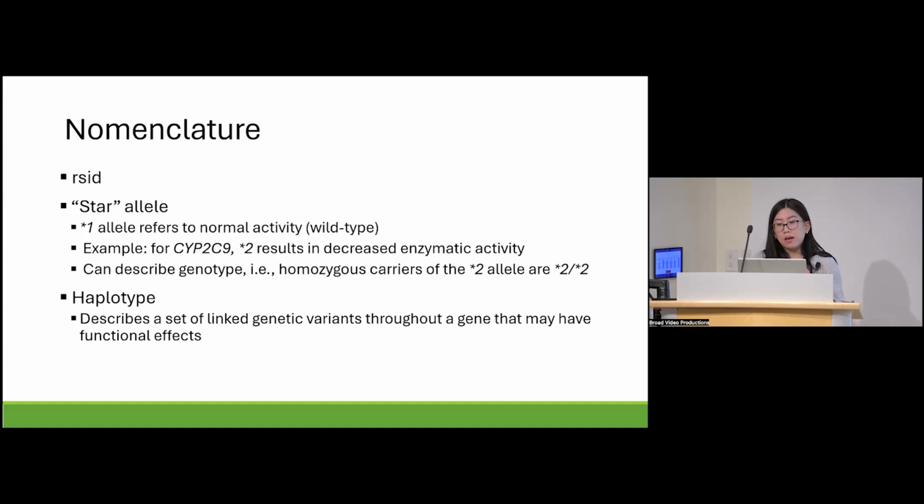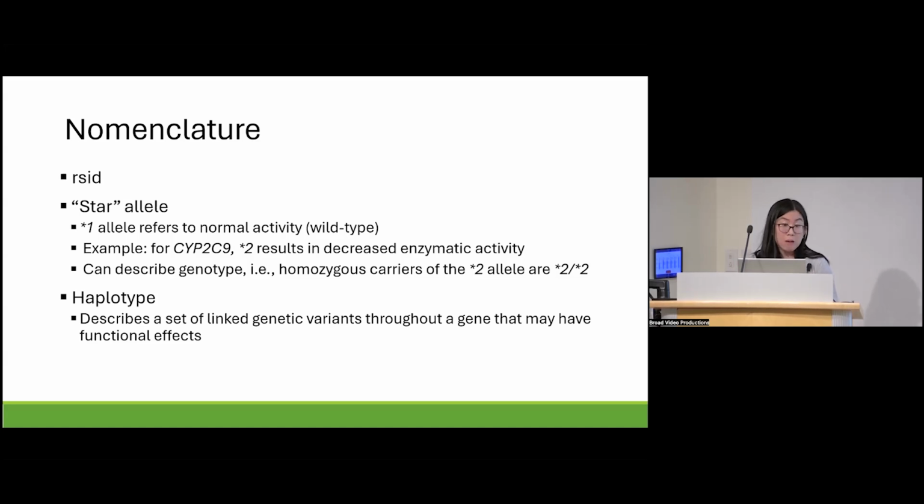And then subsequent star numbers refer to having differences in that enzymatic activity. And so, for example, for CYP2C9, the star 2 allele results in decreased enzymatic activity of that cytochrome P450 enzyme. And then you can also use this nomenclature to describe genotypes. So homozygous carriers of the star 2 allele are described as star 2/star 2.